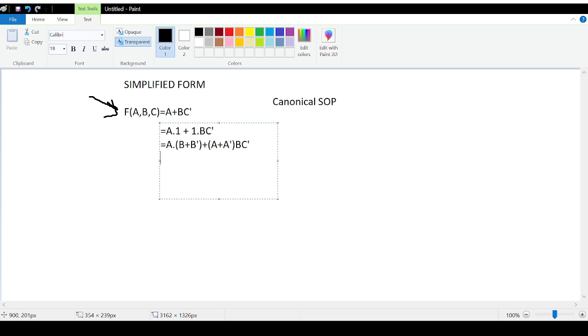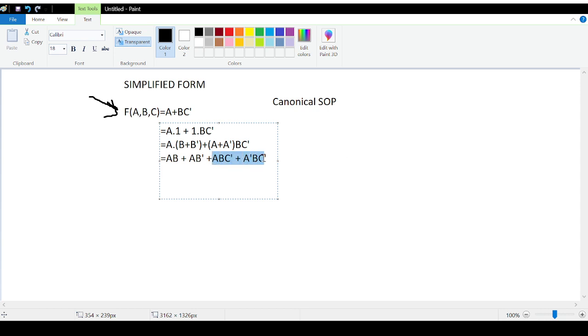Okay. So next I'll have AB plus AB bar. And here, if I take the brackets off, I'll have A, B, C bar plus A bar, B C bar.